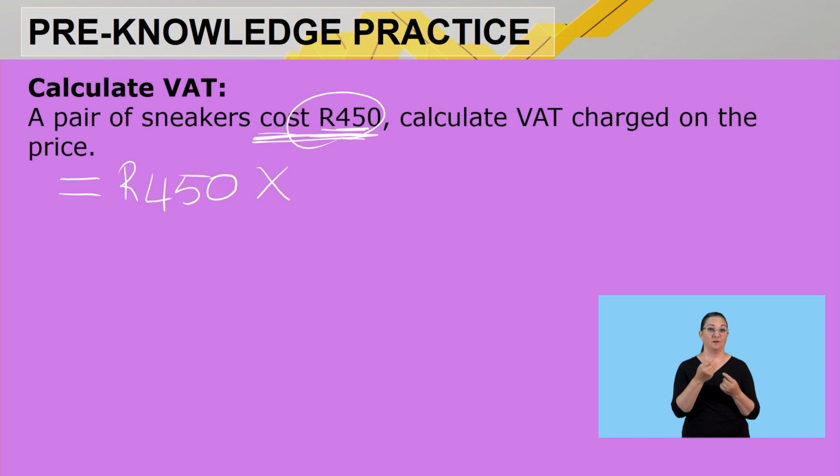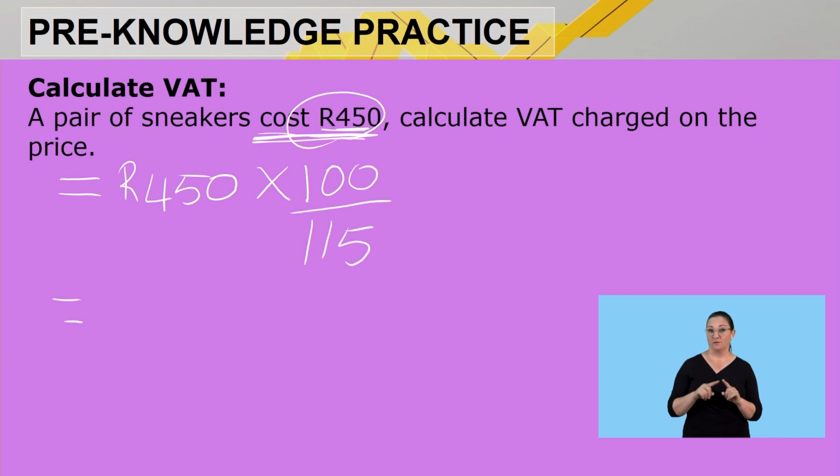To calculate the VAT exclusive, we are separating the cost of an item as well as the VAT amount, so that we can see the VAT amount that was charged. Remember our formula, it says 100 over 115. Not forgetting that VAT in South Africa at the present moment is levied at 15%. So that is why we are having 115.